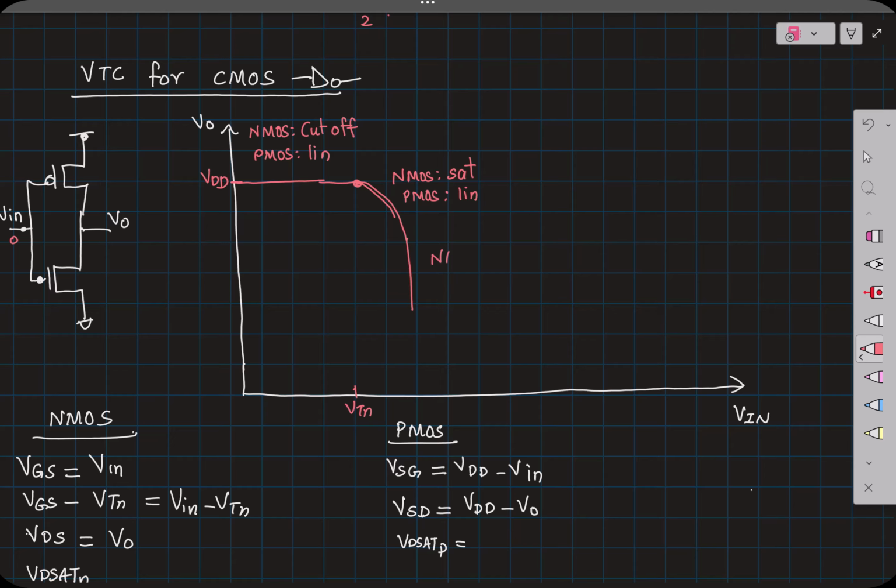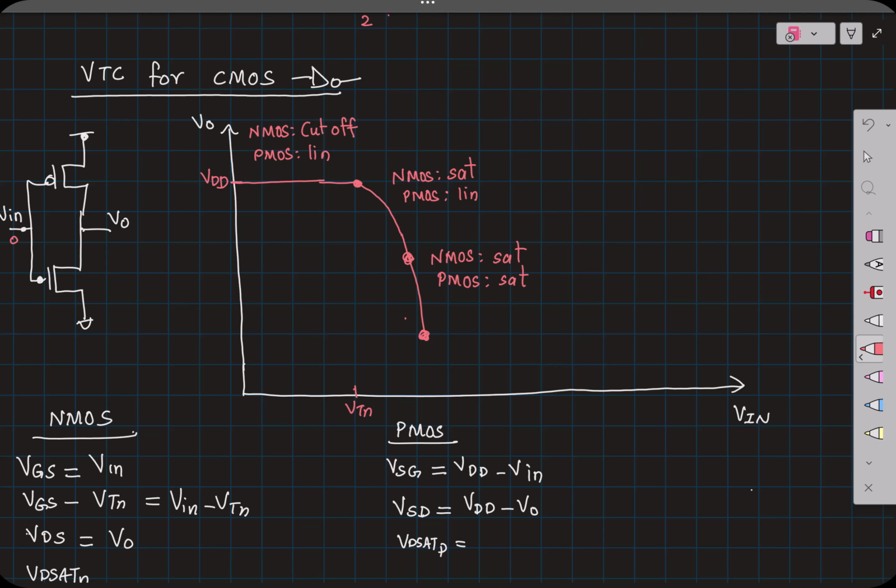So you'll have a region here where both NMOS is in saturation and your PMOS remains in saturation. So now the slope of these portions will depend on whether channel length modulation is involved or not. If channel length modulation is 0, then this is going to be very sharp, infinite in the region where both of them are in saturation.